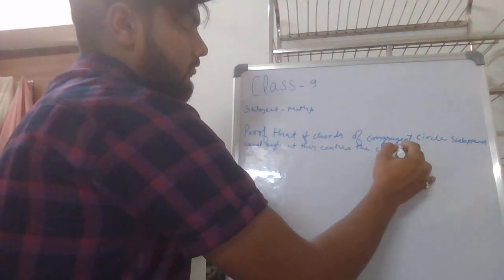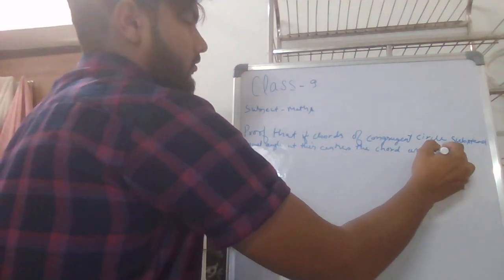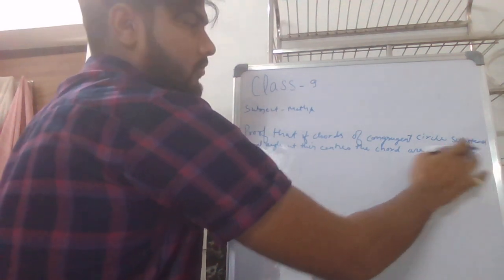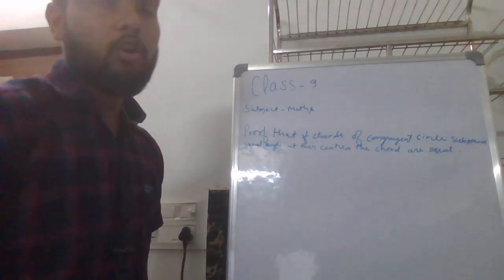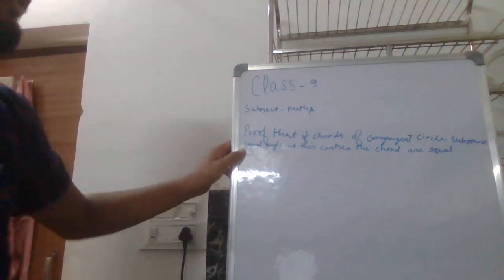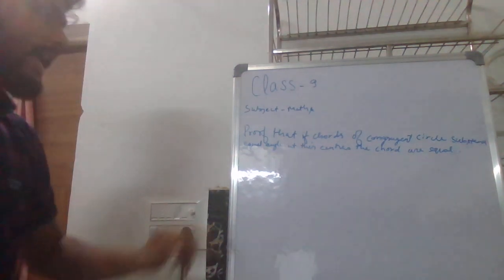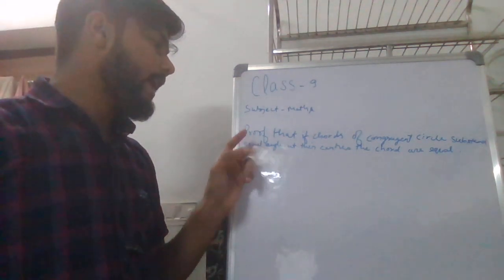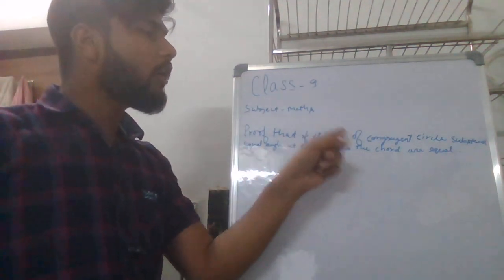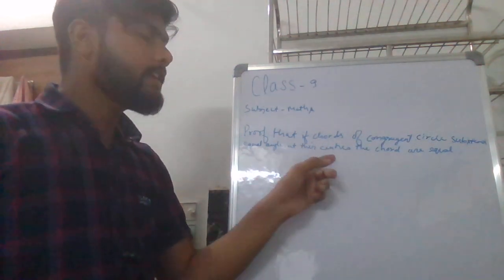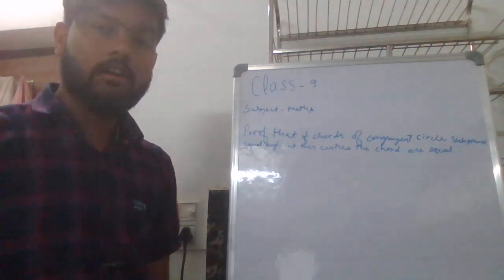Will anyone among the students read this question? What is given over here? Prove that if chords of congruent circles subtend equal angles at their centers, the chords are equal.